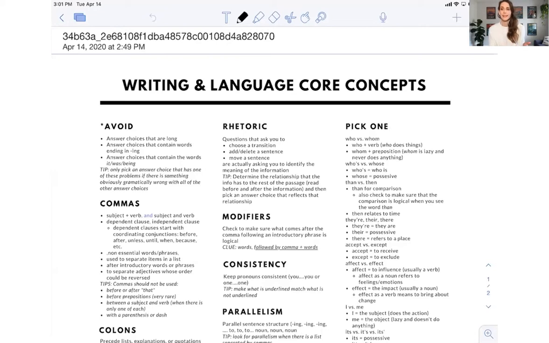So for the writing and language section, as I said before, it is 44 questions and only 35 minutes. I just looked earlier today how many seconds that is per question. Let's see, 35 minutes.